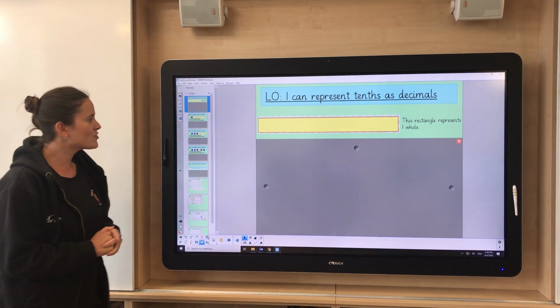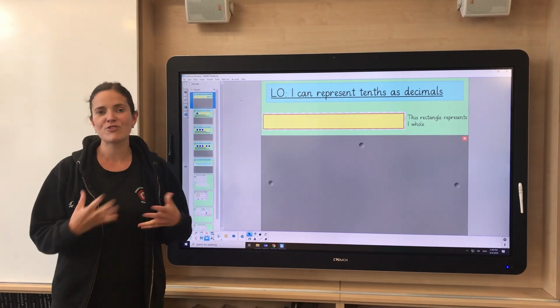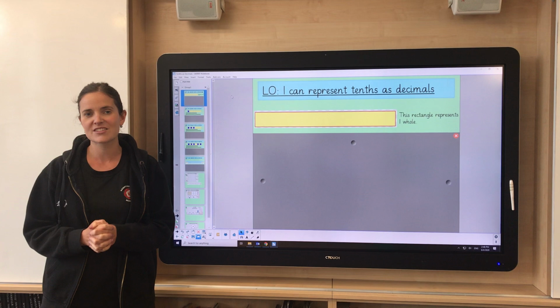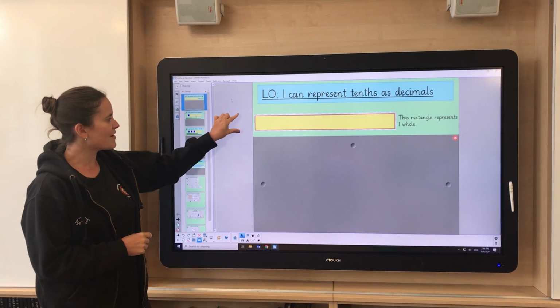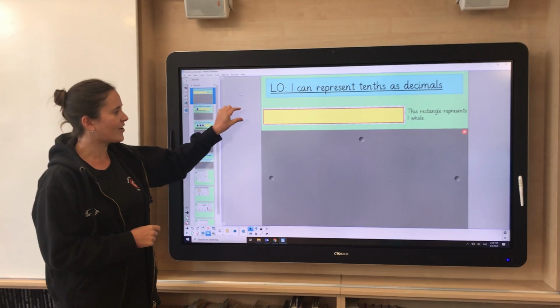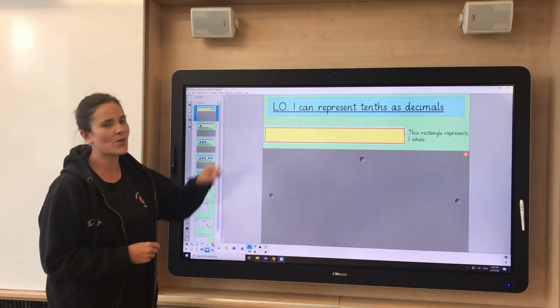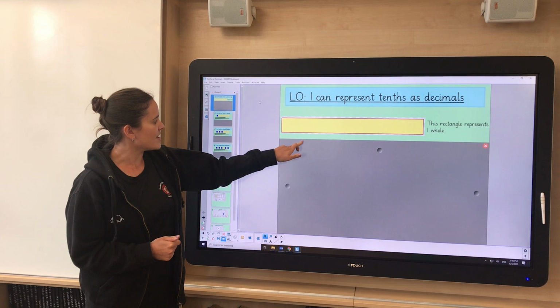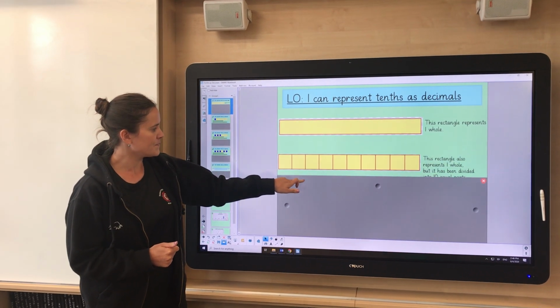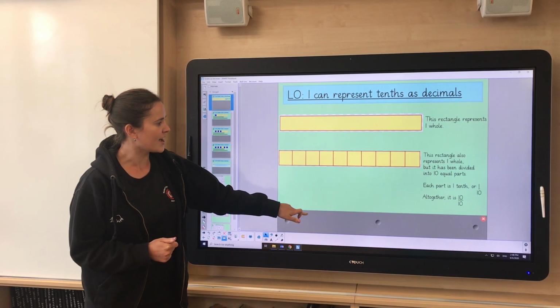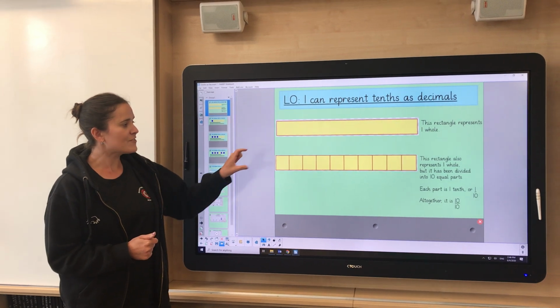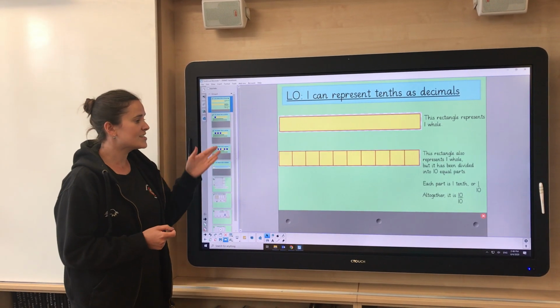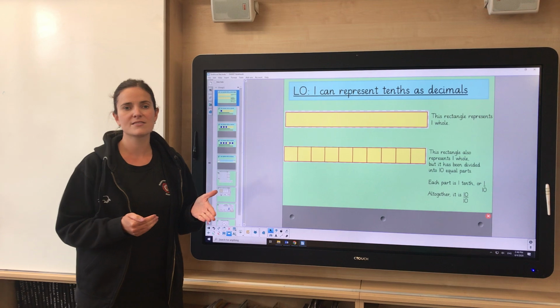So I've got a couple of pictures here just to recap your understanding of tenths first of all. Here I have got a rectangle, and I have said that this rectangle represents one whole. And then what I've got beneath here is the same rectangle, but I have divided it into 10 equal parts.